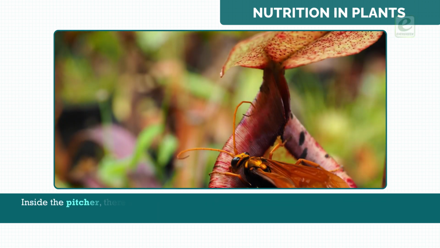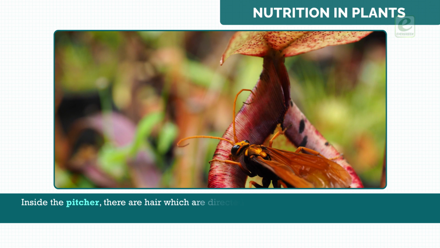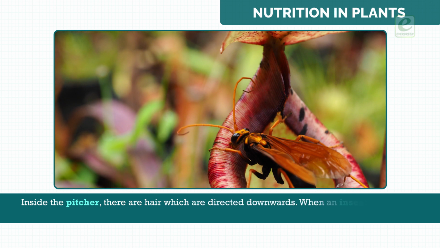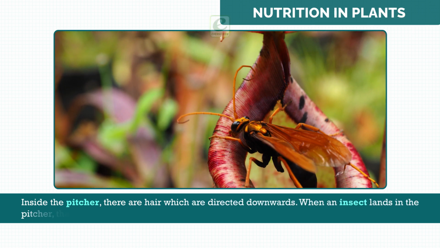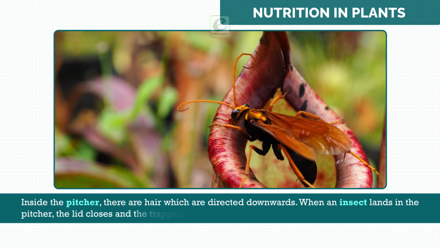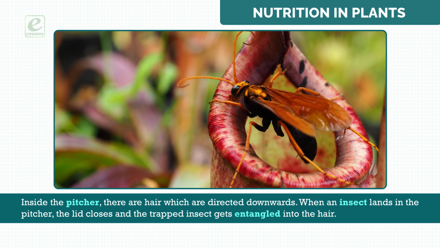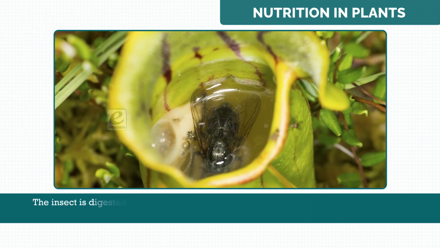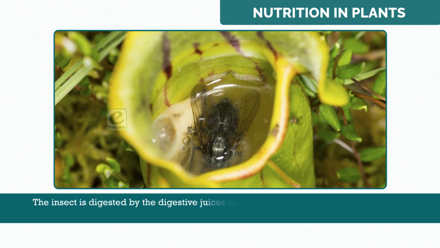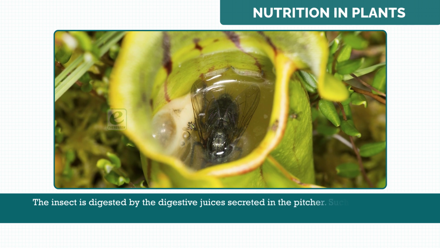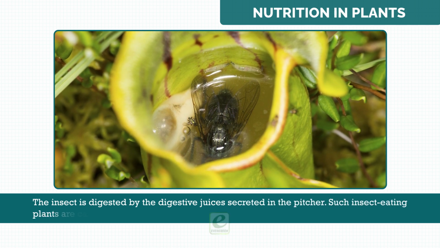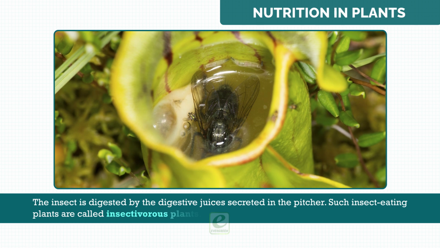Inside the pitcher, there are hairs which are directed downwards. When an insect lands in the pitcher, the lid closes and the trapped insect gets entangled into the hair. The insect is digested by the digestive juices secreted in the pitcher. Such insect-eating plants are called insectivorous plants.